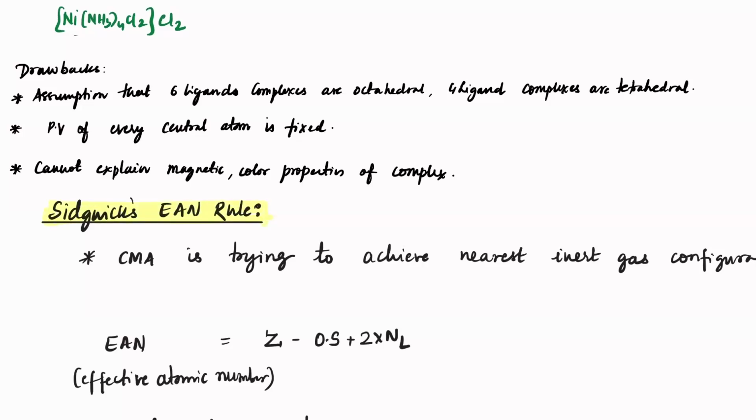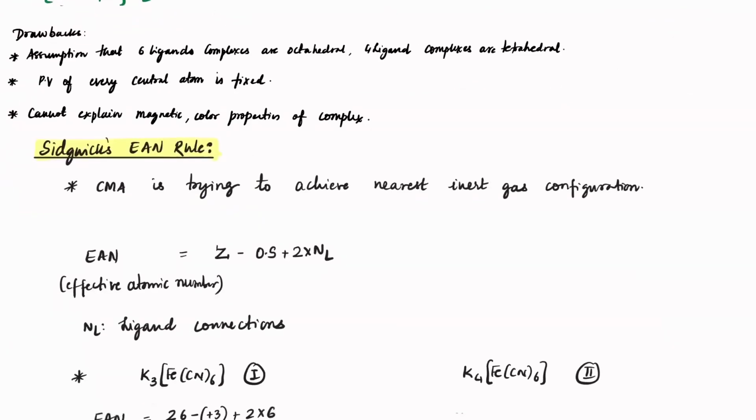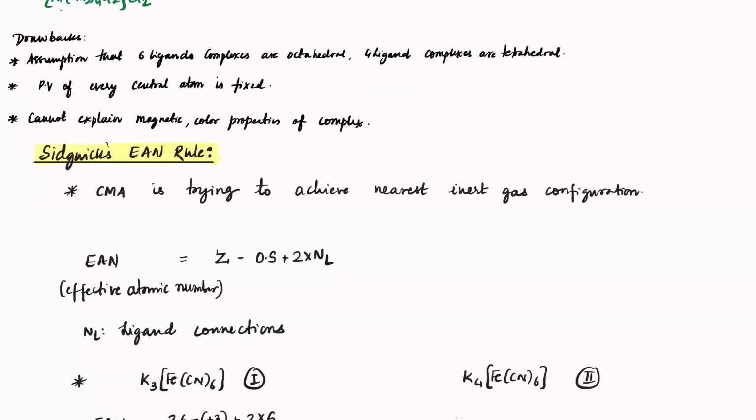EAN means effective atomic number. Now, what exactly does Sidgwick's rule suggest? That the central metal atom will always try to achieve the nearest inert gas configuration.